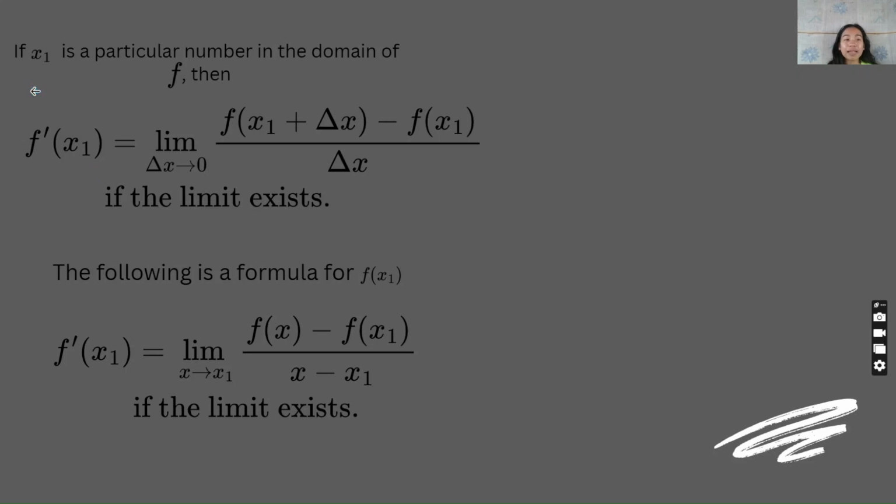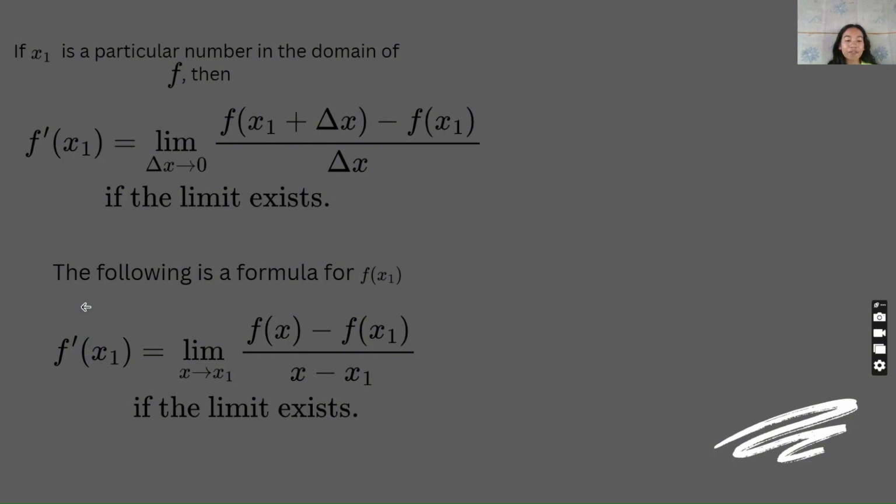Now if x sub 1 is a particular number in the domain of f, then f prime of x sub 1 is equal to the limit of f of x sub 1 plus delta x minus f of x sub 1 all over delta x as delta x approaches 0, if the limit exists. From this formula, we also have our formula number 3.